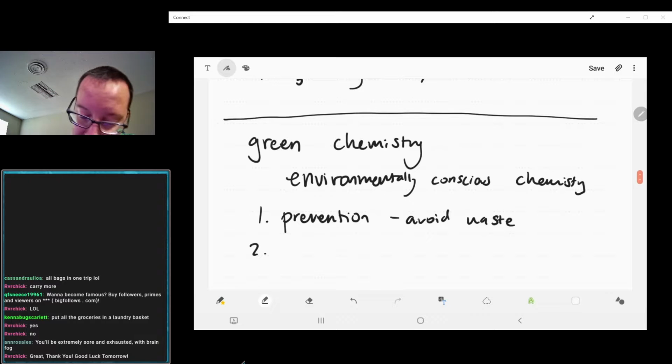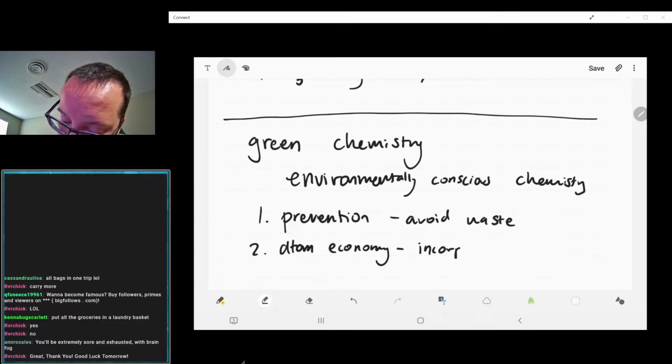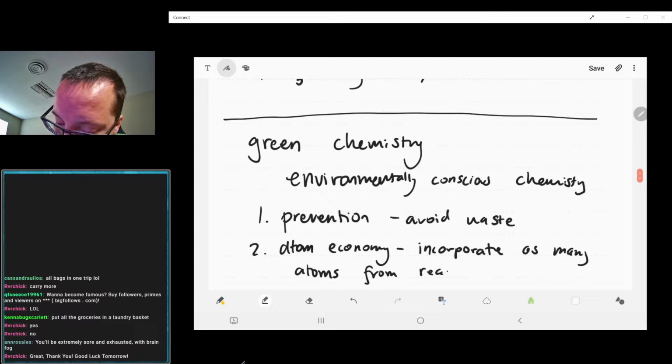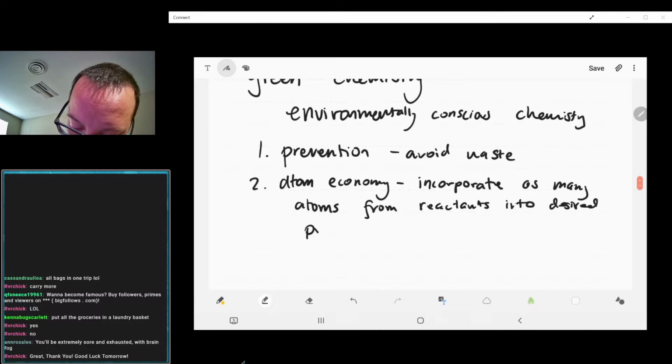Our next one is atom economy. This principle says that we should incorporate as many atoms from our reactants into the desired product as possible.